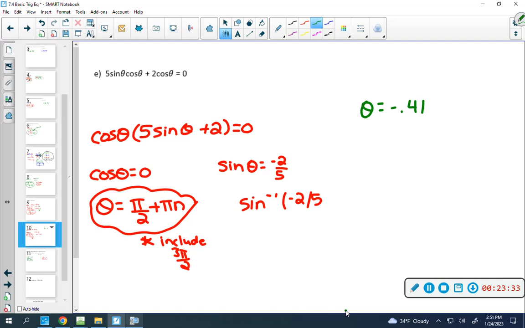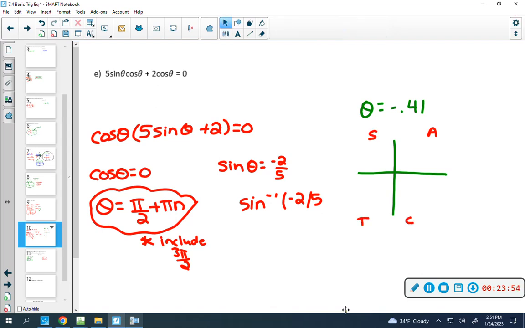Because remember, we should get 2 solutions per equation. So I'm thinking, of course, about this. And I'm going triangle style because the unit circle doesn't have 2/5 on it. So I've got to think about All Students Take Calculus. I got to kind of go old school on this one. Now, sine is negative. So that eliminates these quadrants.